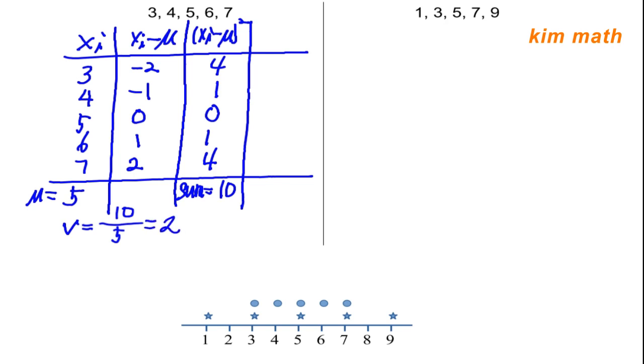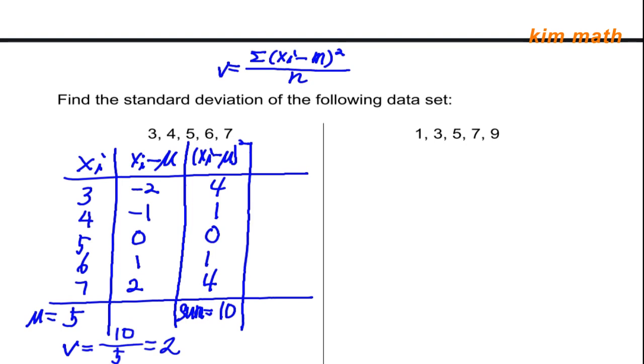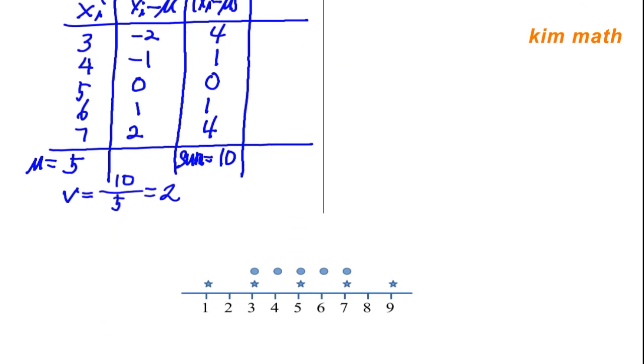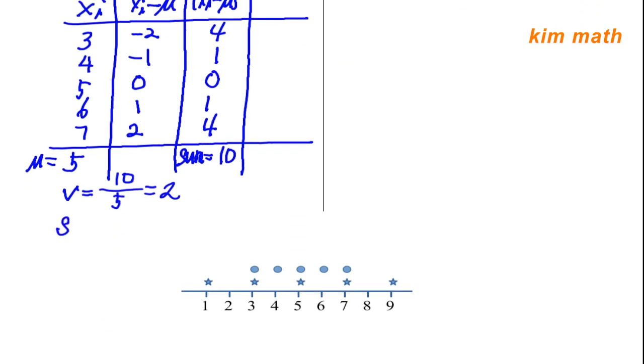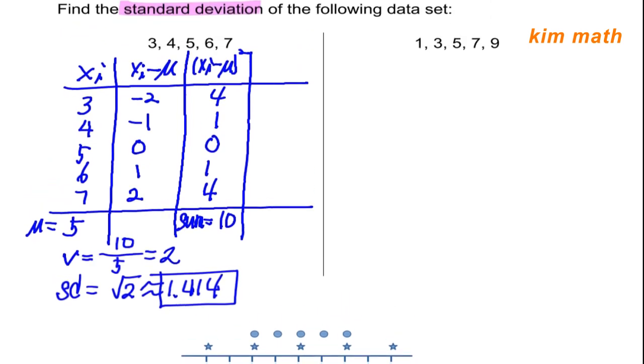So 2 is the variance. The question asks us the standard deviation, right? So standard deviation will be the square root of 2, about 1.414. Okay, this is the standard deviation of the data set 3, 4, 5, 6, 7.